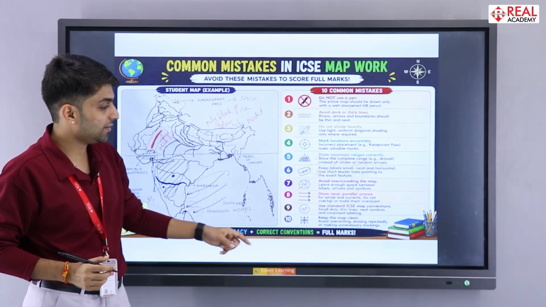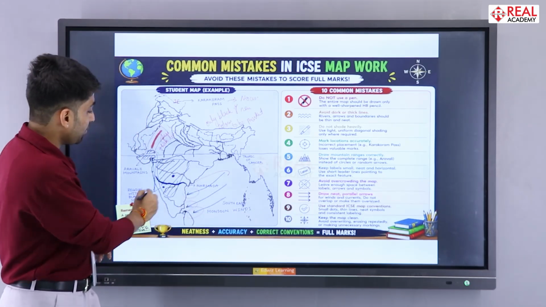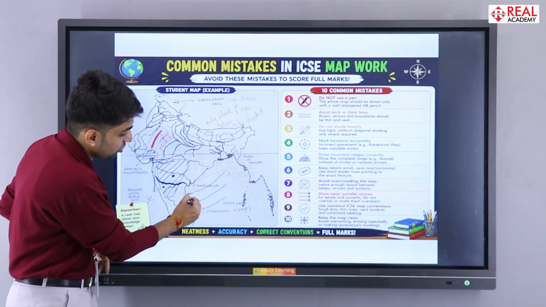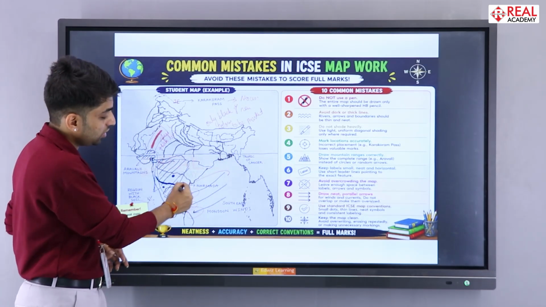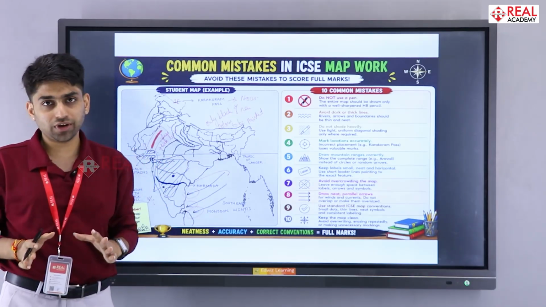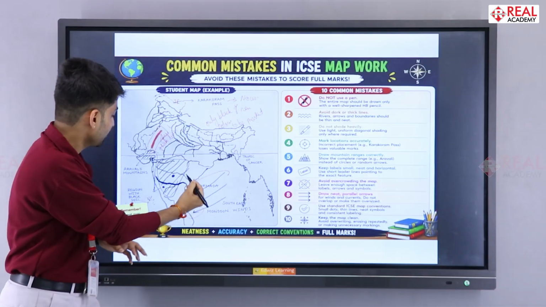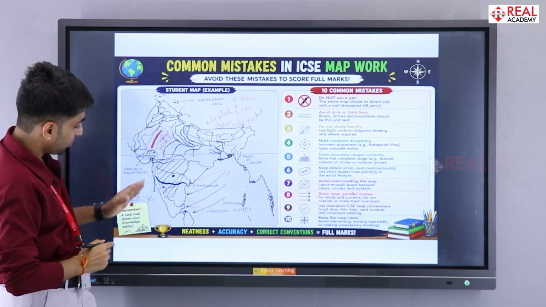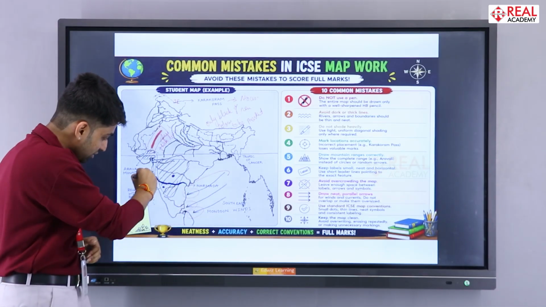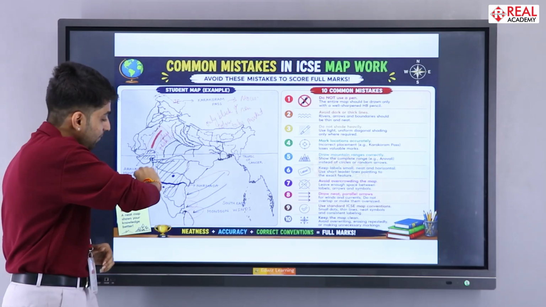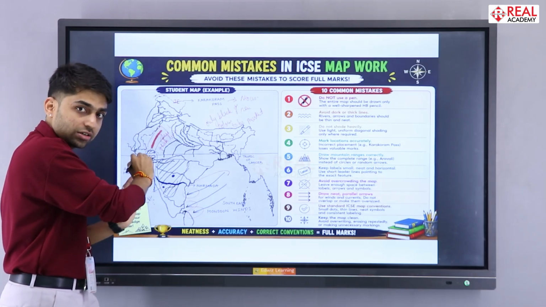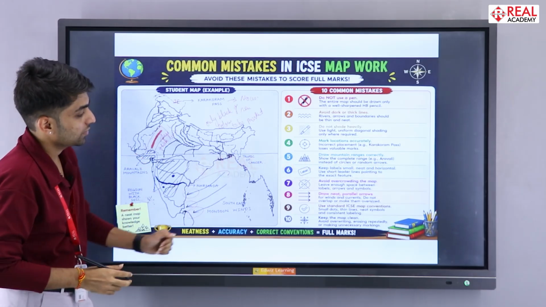Use proper scaling, and always remember the wind direction. Here it's shown in a very inaccurate way, and this is the reason why the student is losing a mark. When we talk about the southwest monsoon, the arrow should go this side, towards the southwest region.